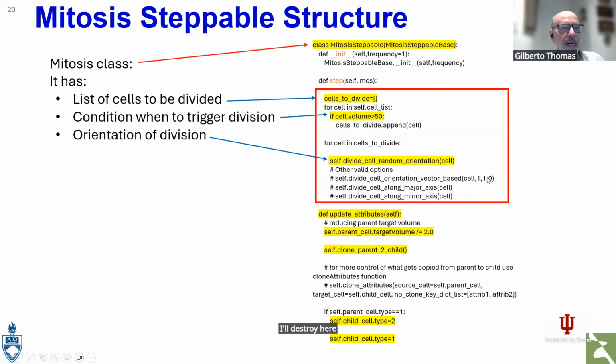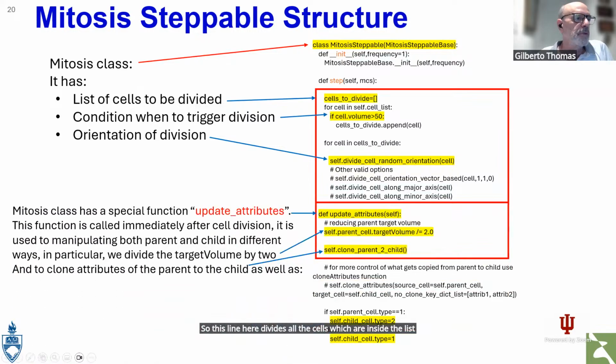You can choose a specific set of axes, major axes, minor axes, but to make these particular choices, you have to use, well, actually, we are loading the center of mass plugin, which has been loaded already. Okay, so after this line here, divide all the cells which are inside the list.